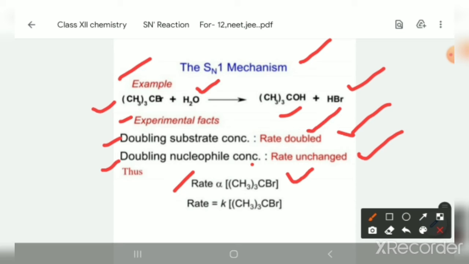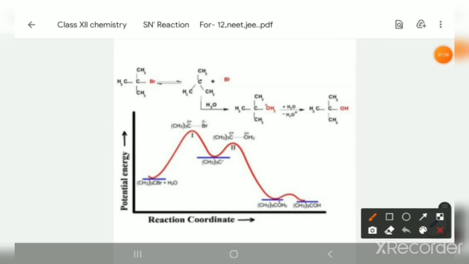Therefore we can express this in the form of an equation: rate is equal to K into concentration of the alkyl halide. Now see here the graphical representation between reaction coordinate and potential energy.